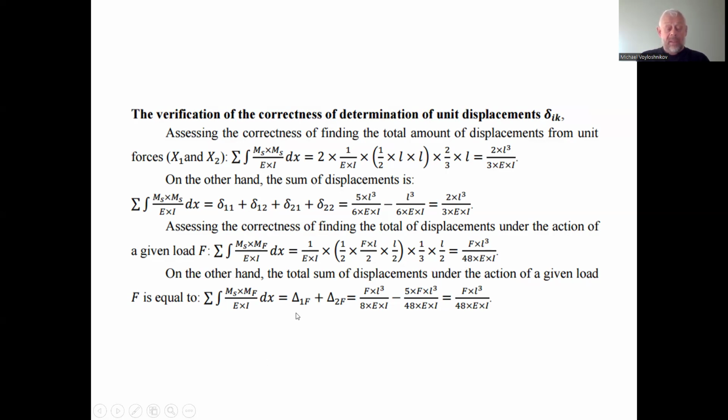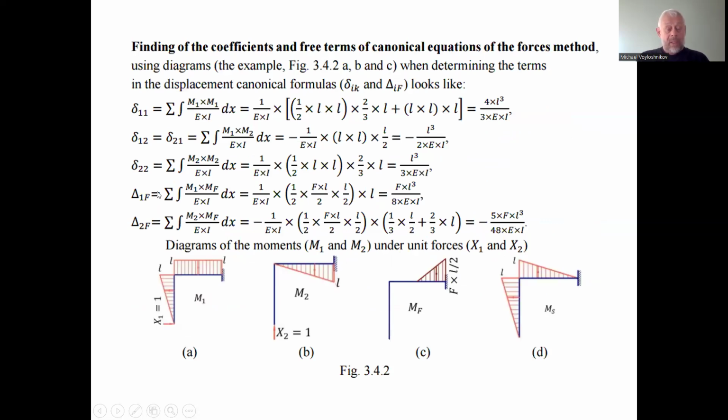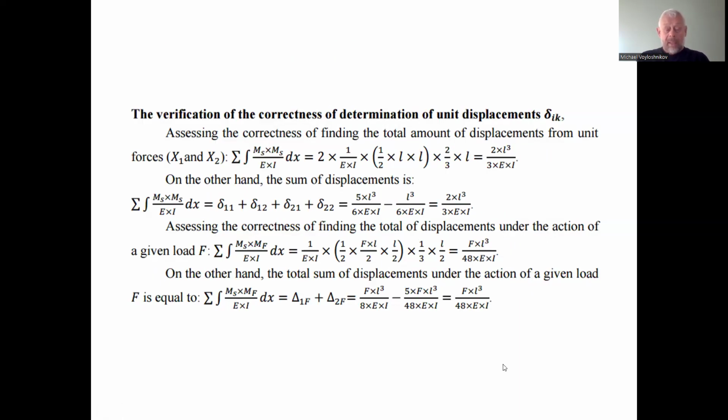The same we can get just by the total of delta 1F and 2F we got before, the displacements in the first and second direction under the influence of the external load for the main system. And this will be the same when we determine it by use of the Mohr integral and the Vereshchagin rule of the diagrams product.